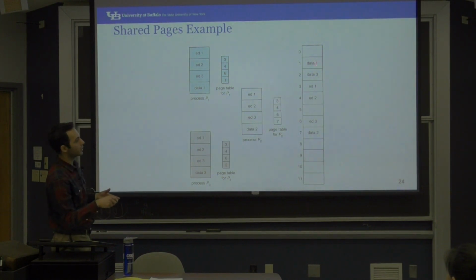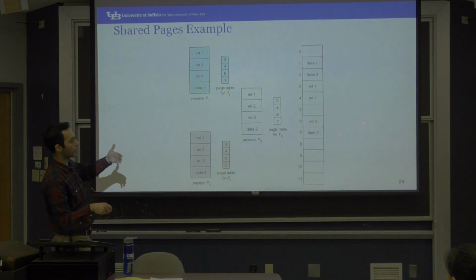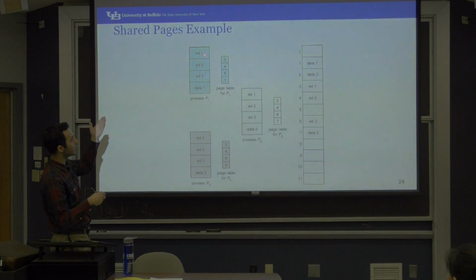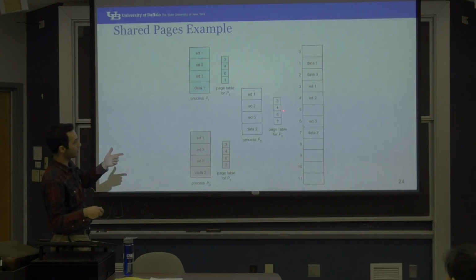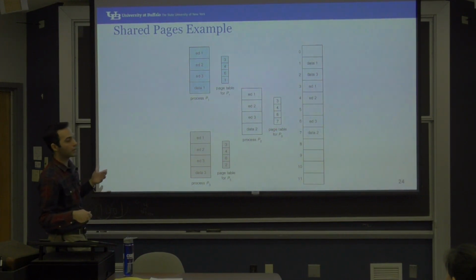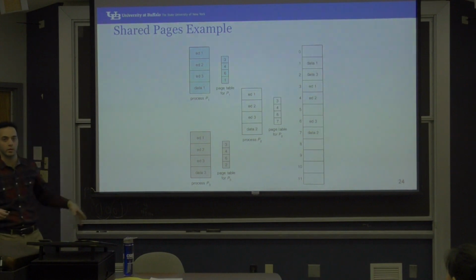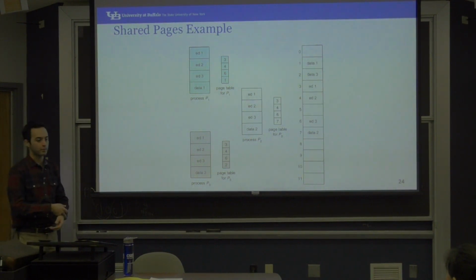But separate pages or frames are allocated for each process, right? Now in their page table, these pages are allocated to the same frames, 346, 346, 346, but they're also going to have their own private data separate, not accessible by the other processes. Okay?